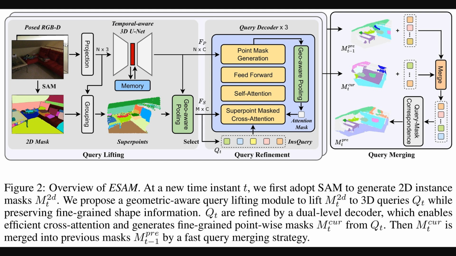It doesn't just project these 2D outlines. It creates 3D superpoints, which are like smart clusters of 3D data points, and uses geo-aware pooling, a method that considers the actual 3D shape to turn them into initial 3D queries. These queries are then refined by a query decoder, and finally merged over time to track objects.